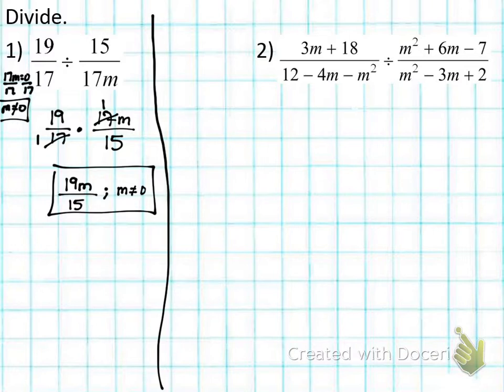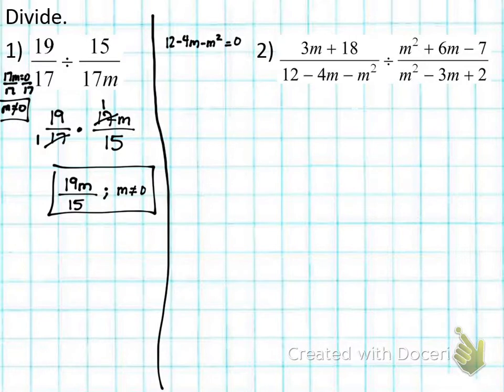There's definitely an excluded value there. So I'm going to rewrite that on the side as 12 minus 4m minus m squared equals 0. Now, usually I like it in descending order to factor, right? This looks a bit confusing. But I notice this is a positive 12 and then negative 4m and then negative m squared. I never like dealing with a negative m squared.